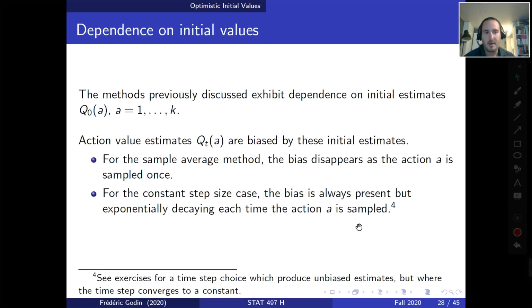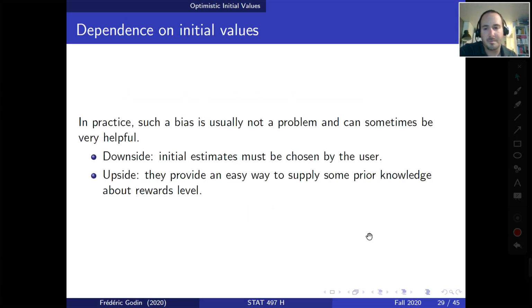So is this a good thing that we have bias for estimates of action values? Well, you might think this is not a good outcome, but in practice, we can see that it's often not really a problem. There's a downside to it, which is that initial estimates must be selected by the user.